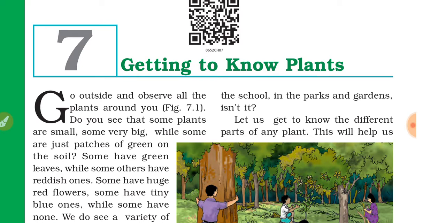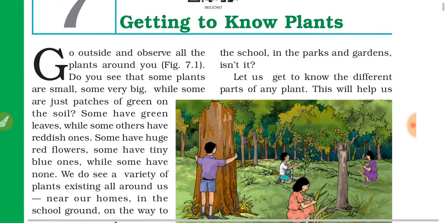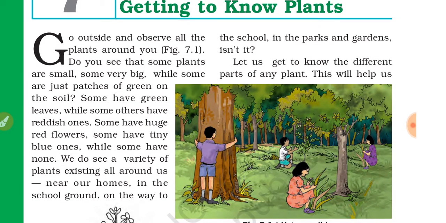Today, we are going to discuss a very interesting chapter, Getting to Know Plants, in which you will learn many things about plants. If you go outside your home, you can see a variety of plants.